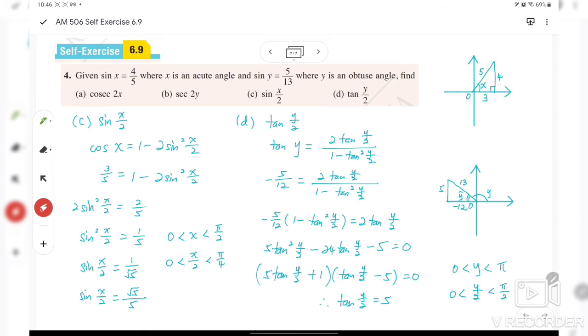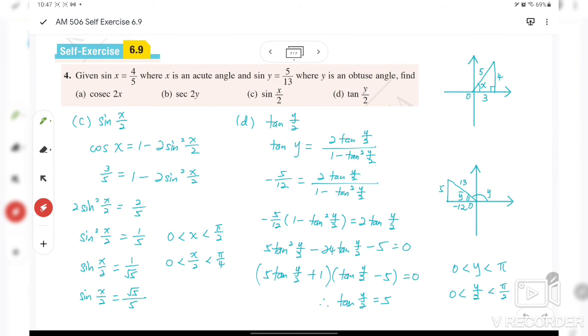C. For sine x over 2, and D, tangent y over 2, we can use the double angle formulae, where x is actually double of x over 2, and y is actually double of y over 2. So we start with the cosine double angle formula that relates cosine and sine.